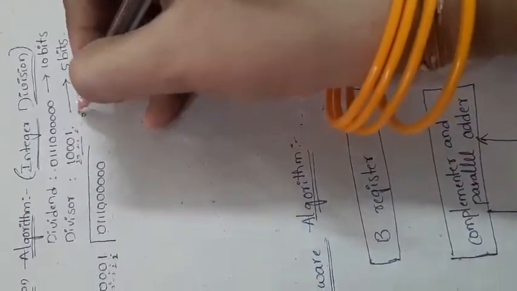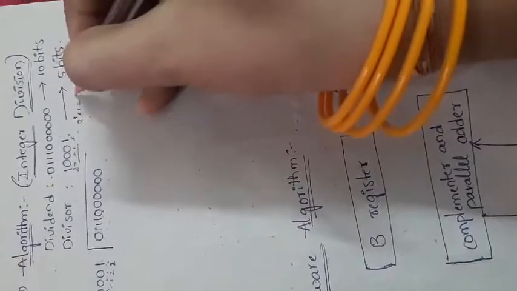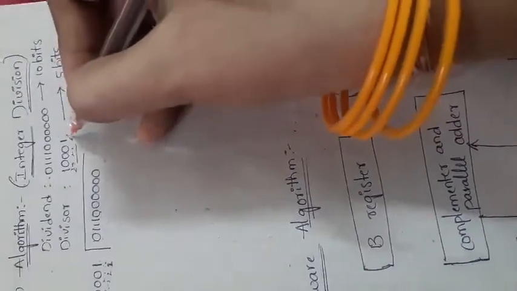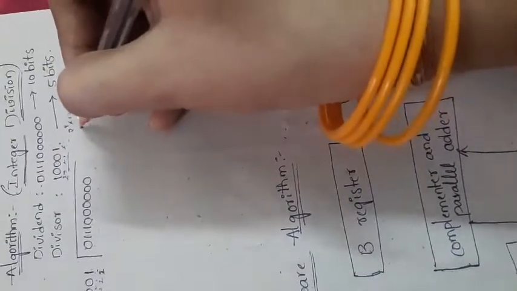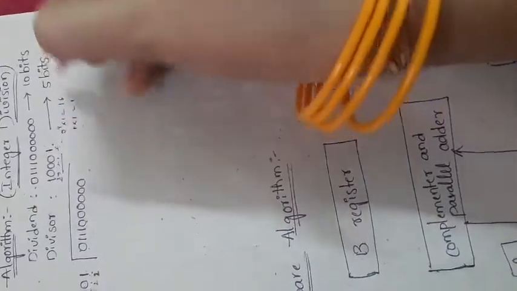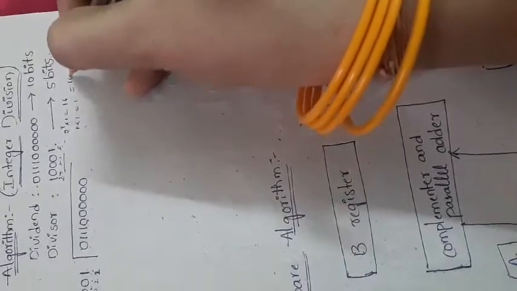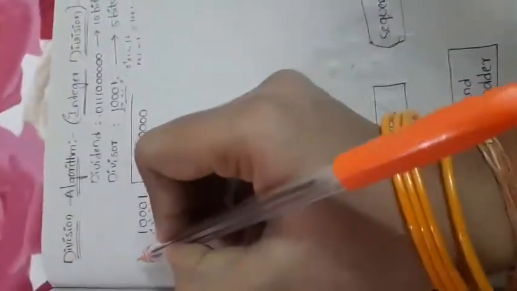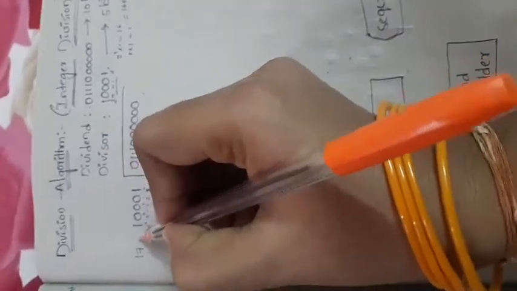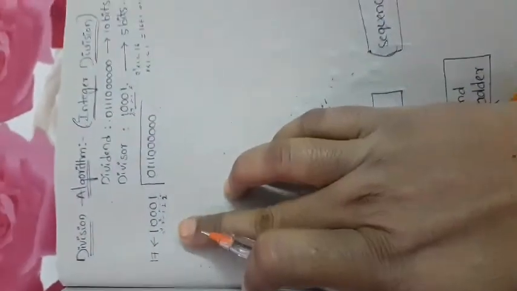So 2 power 4 into 1 is 16, and 2 power 0 is 1, so 1 into 1 is 1. So the divisor number is 17. The divisor in decimal notation is 17.